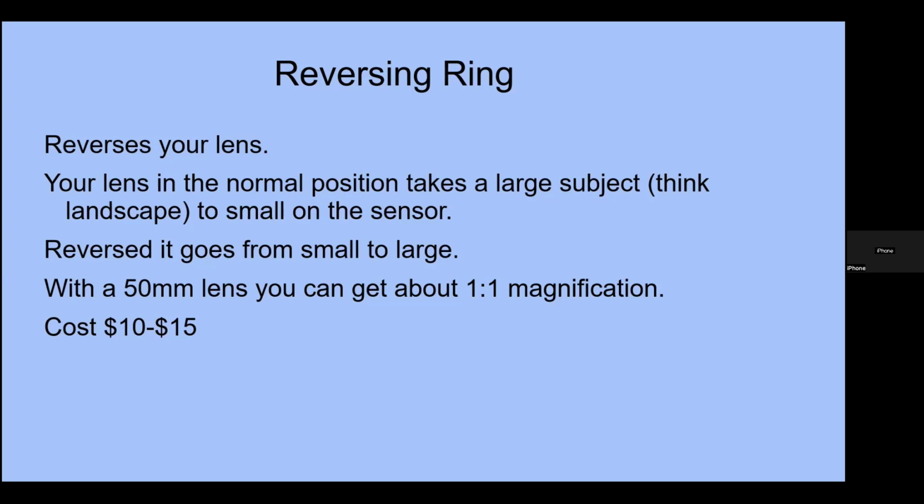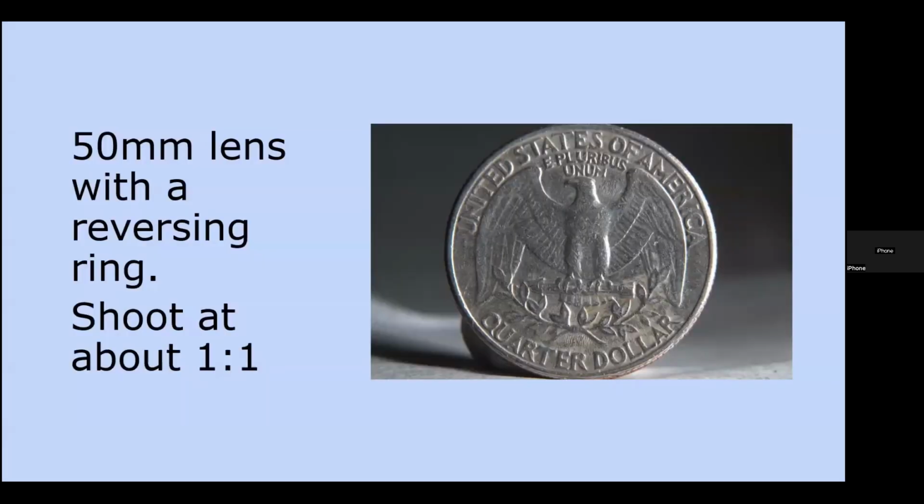And for $10 or $15, you got the same magnification as a macro lens. This is what the quarter looks like taken with that lens, this camera, and it's basically 1:1.